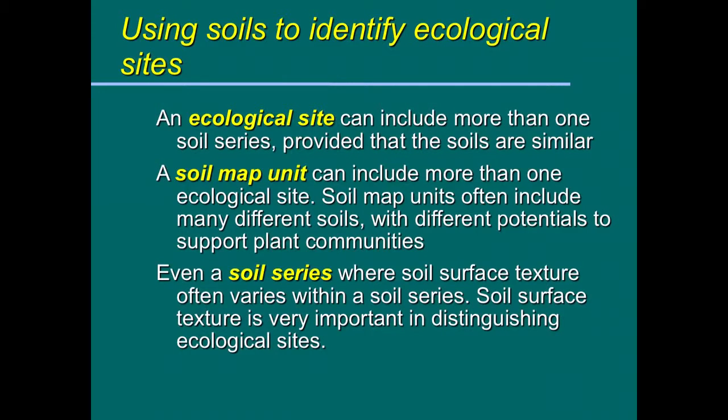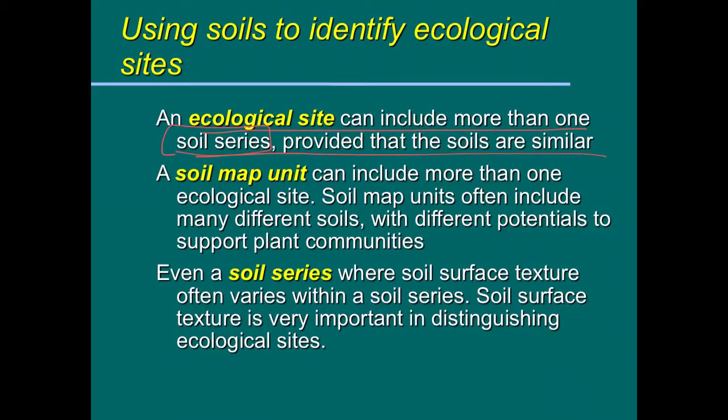So, in terms of how this is related, we can have an ecological site that has more than one soil series. Now, soil series can be related to one another, just like species can be related to one another, have similar characteristics. Soil series can do that as well. And an ecological site can contain more than one soil series. You can also have the alternate happen.